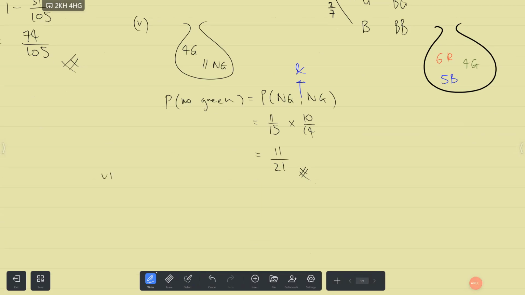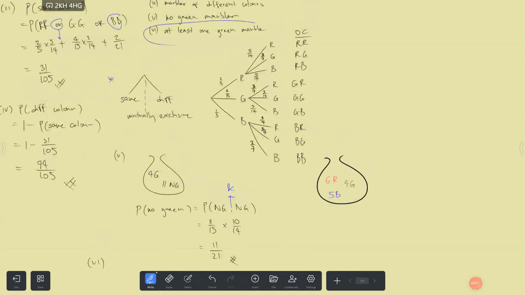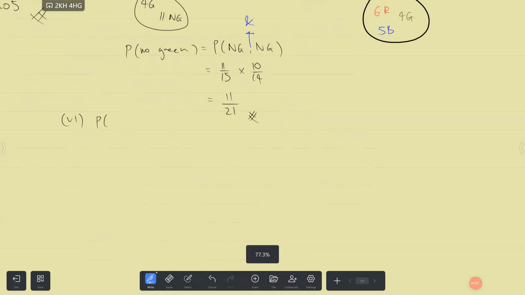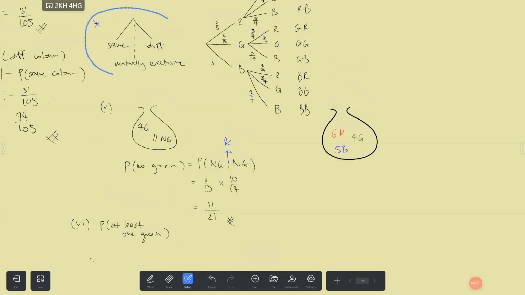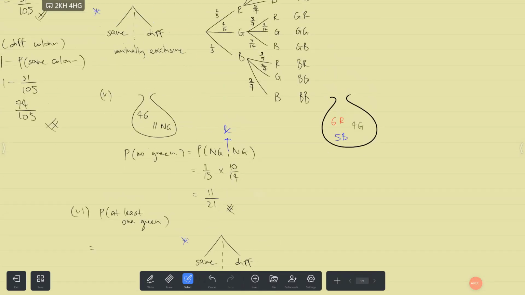The next question, part 6, asks for at least one green marble. So that's what they want: P(at least one green). We realize they share the same relation as our same and different color. Why?